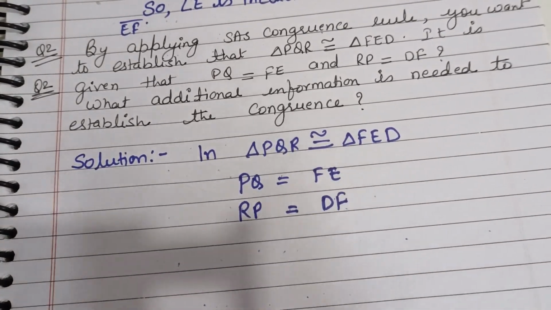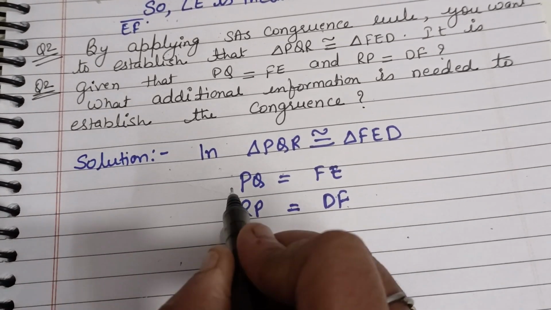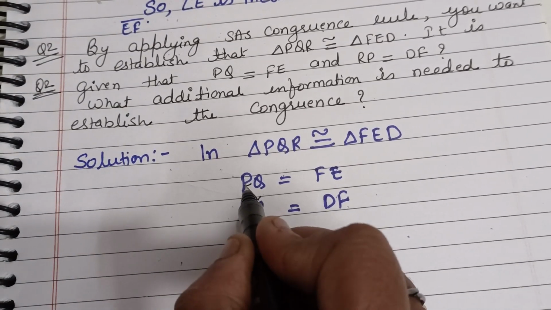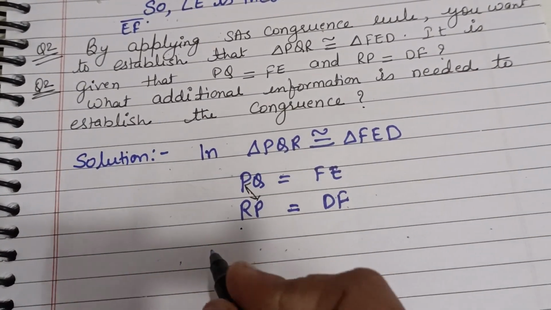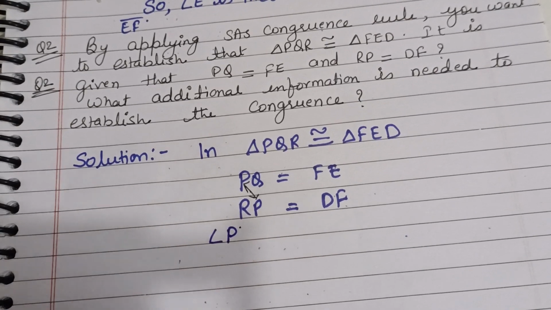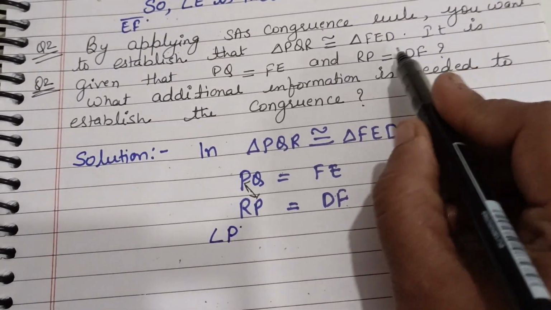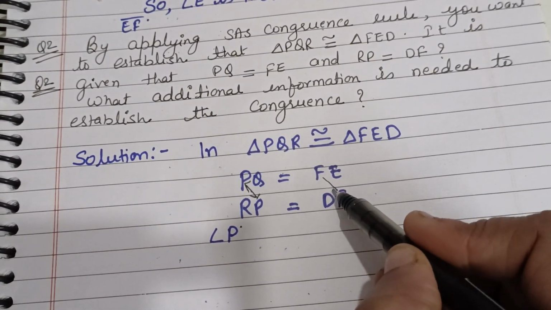Now what additional information do you need? I need the angle between these two sides. When I talk about PQ and RP, which letter is common in them? That is P. That means in triangle PQR, angle P. And in triangle FED, which letter am I finding?